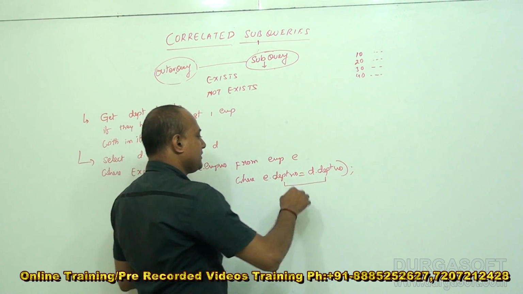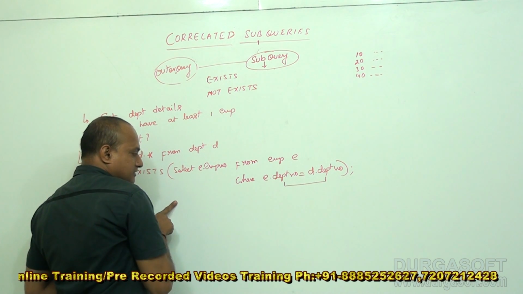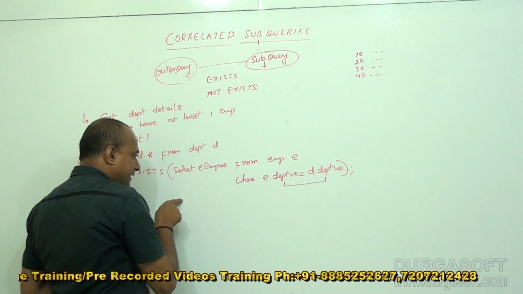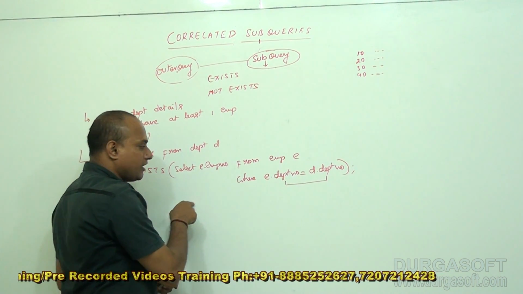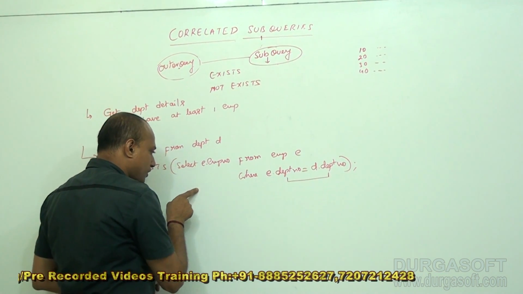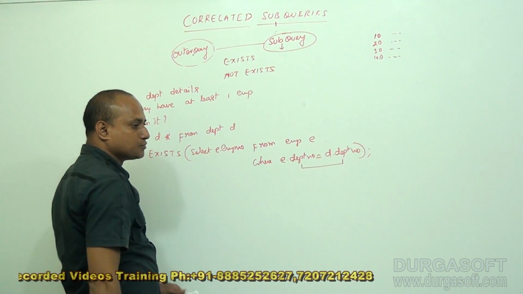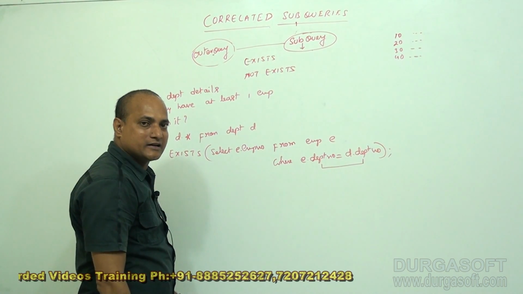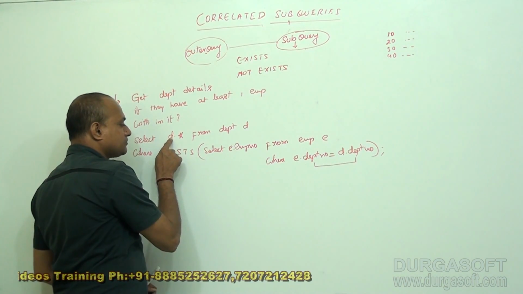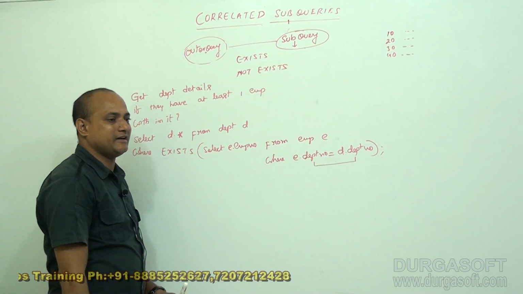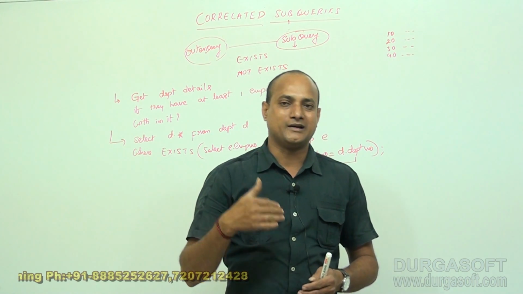Yes, matching is there, then get the employee number. If it is getting at least one employee number for the considered department, then the EXISTS operator returns true. Then the outer query will display the 10th department details, because the 10th department has at least one employee within it.